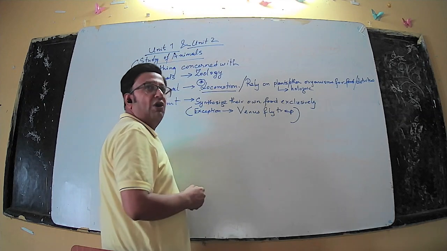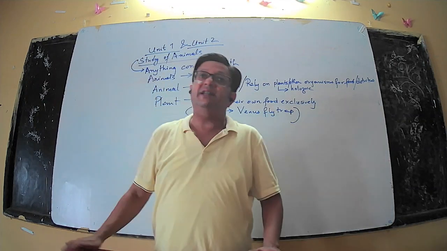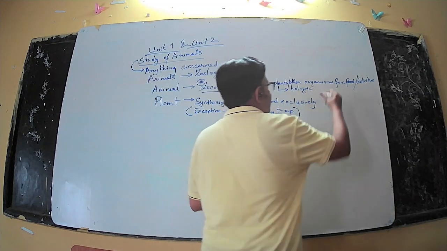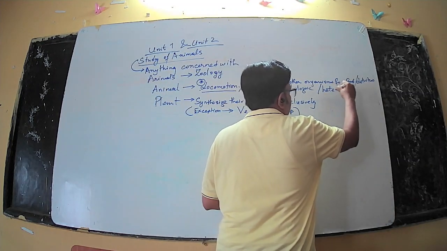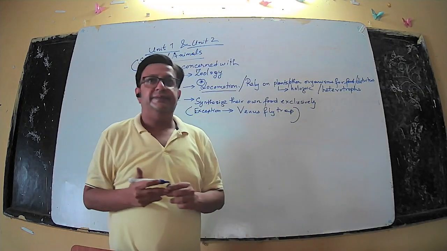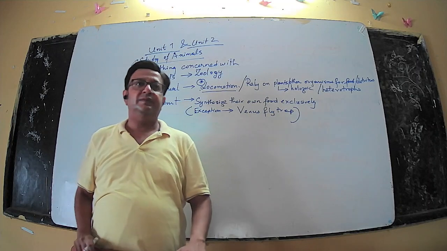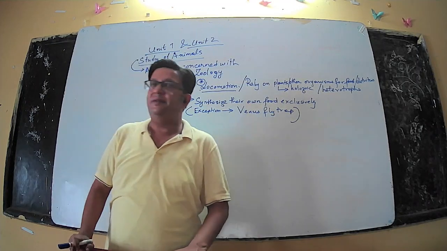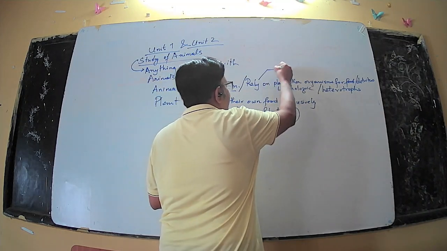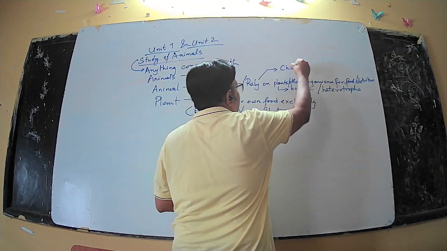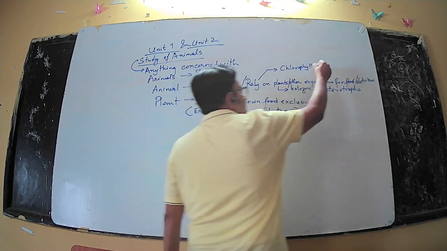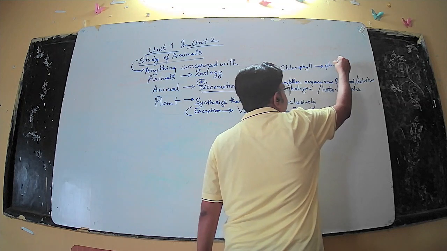So these are autotrophs, and what are other things? Autotrophs, and we eat, they are heterotrophs. Okay? Clear? But there is an exception. There is an animal which has got chlorophyll and they do photosynthesize to produce their food.